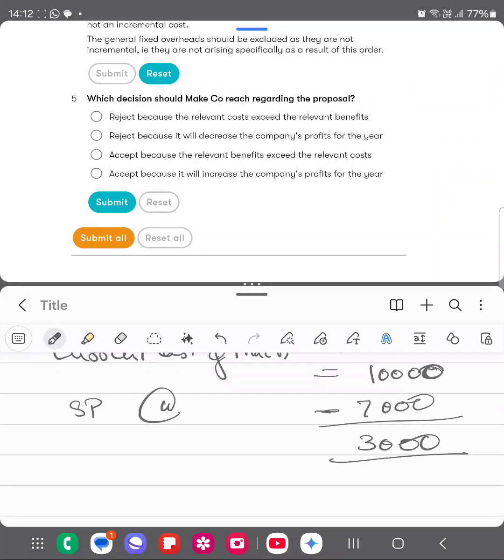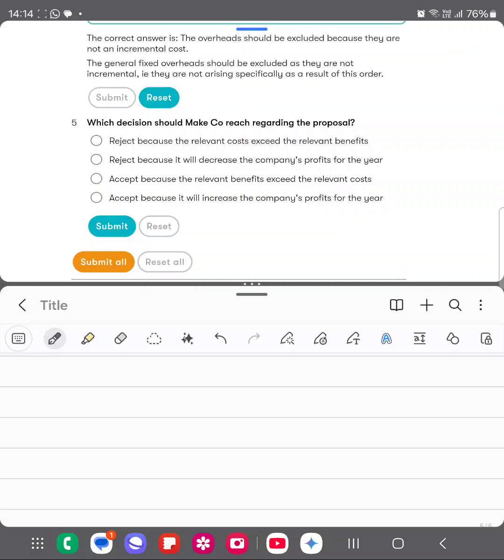Now let's see the last one, which is: which decision should the company reach regarding the proposal? Reject because the relevant cost exceeds the relevant benefits. Okay, so for this we'll have to calculate the relevant cost.